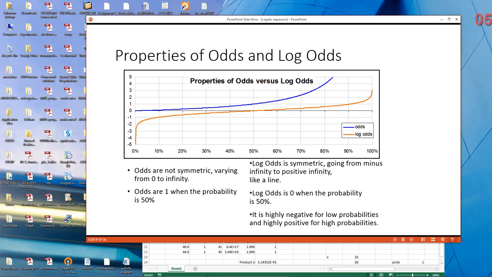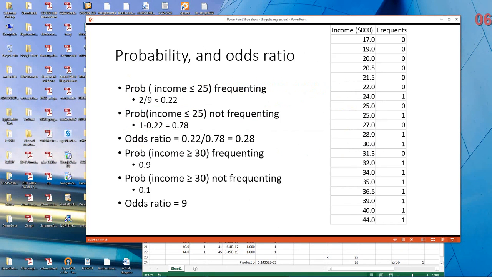The log of the odds ratio is 0 when the probability is 50%. So when it's 0.5 and 0.5, the odds ratio is 1, so log of 1 is 0, right? And so we would be using the log of odds ratio as the predictor value.